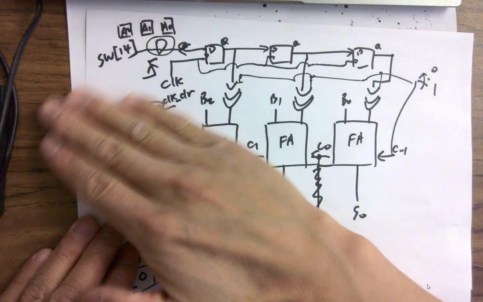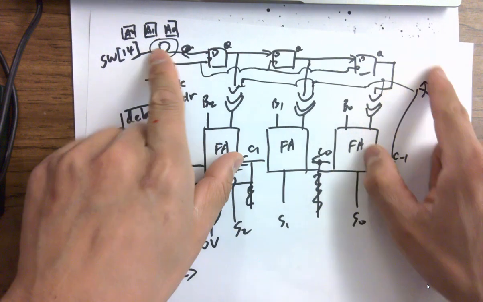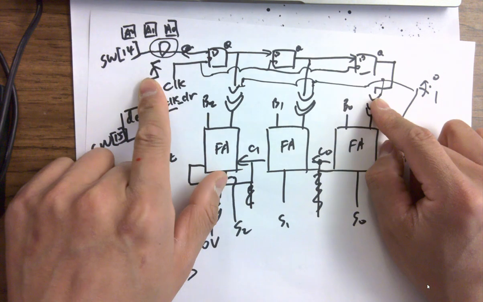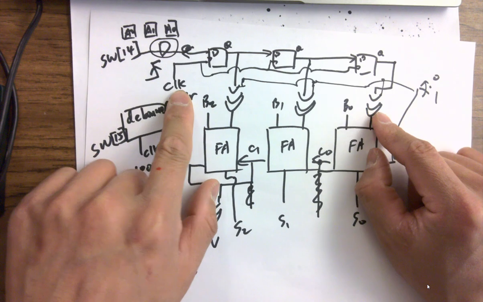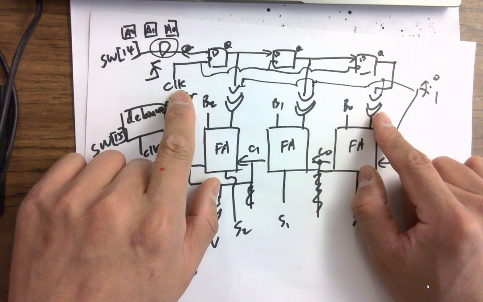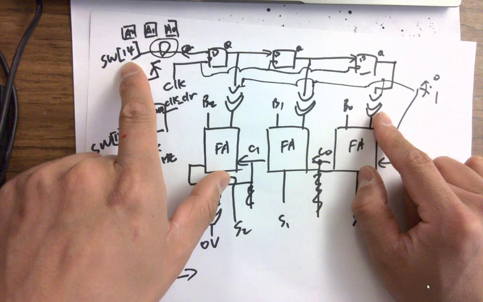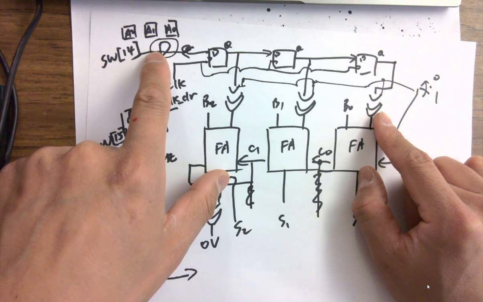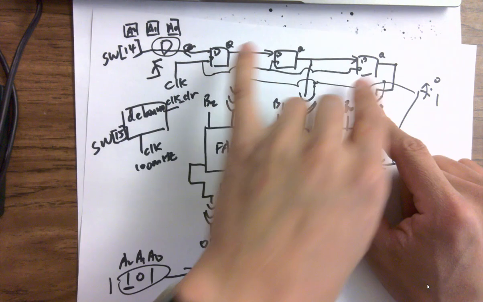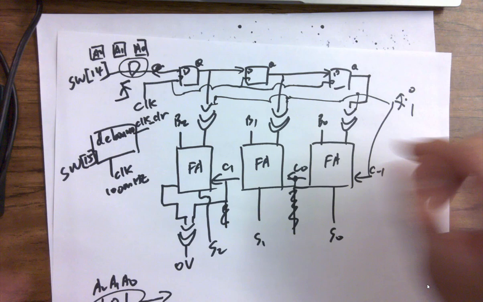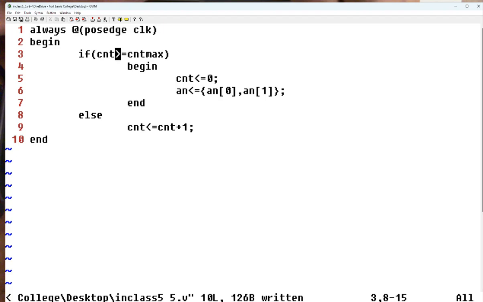Don't look at the debounce. Debounce is a different module here. Just looking at this module, it's a serial in, it's really simple. Clock, serial in, just one bit, right? You need input and output, and parallel out. All right.